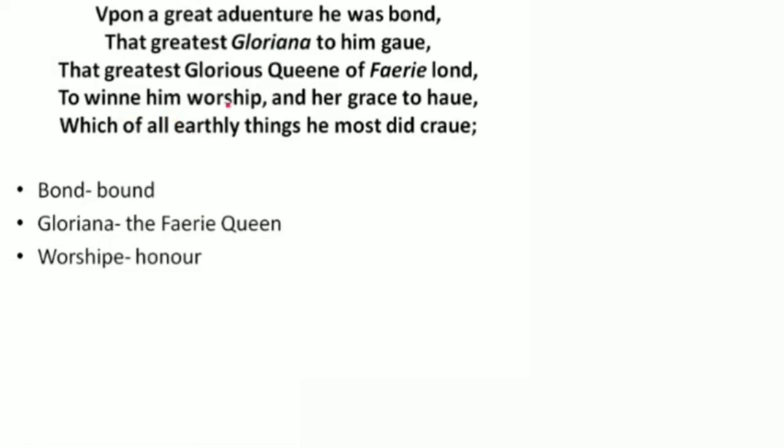Here worship is honor. He wanted to bring honor and her grace to have, which of all earthly things he did most crave. So this was the only thing. Honor was the only thing. By getting success in that adventure, he wanted to gain that honor.